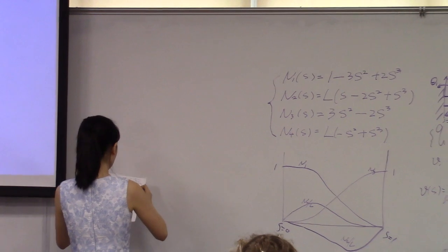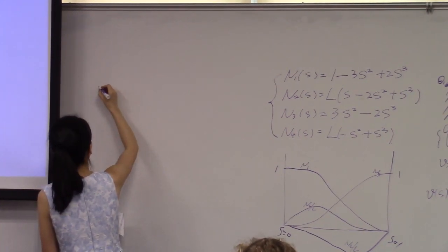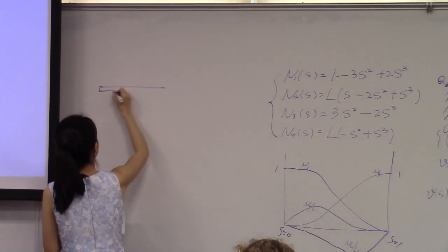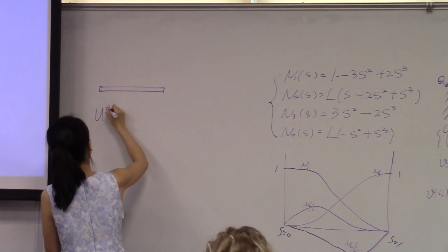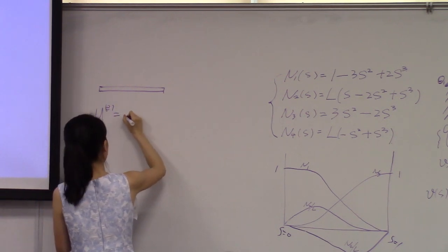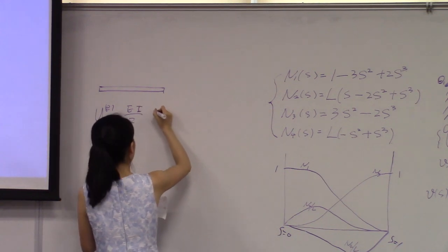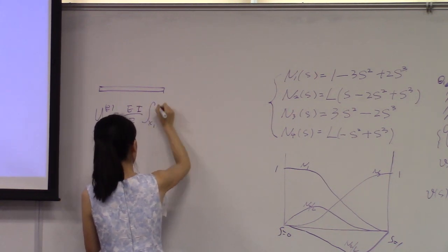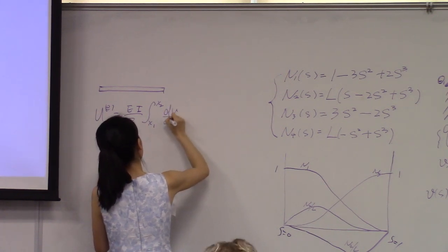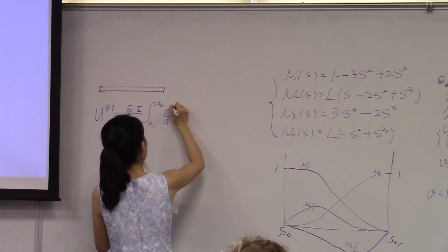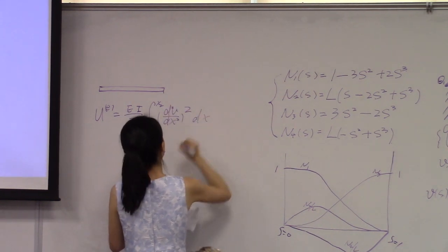So I think Dr. Sanka already talked about the strain energy, the definition for one element. The strain energy of one element is U_e equal to the integral of EI times the second derivative of v, squared, from x1 to x2, dx.